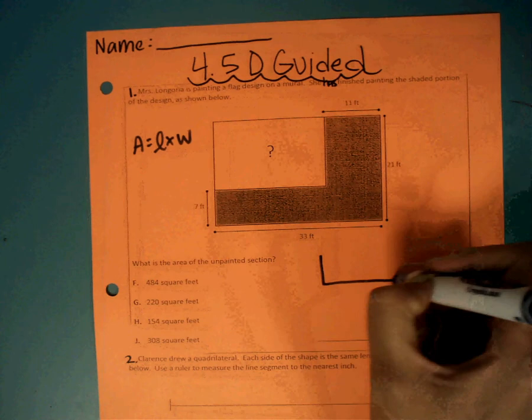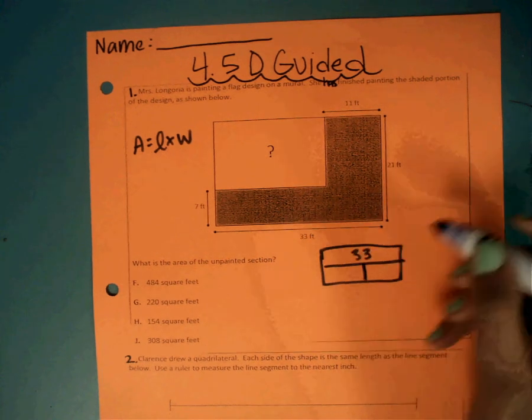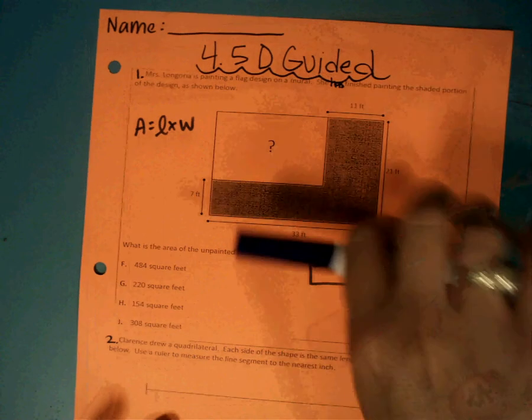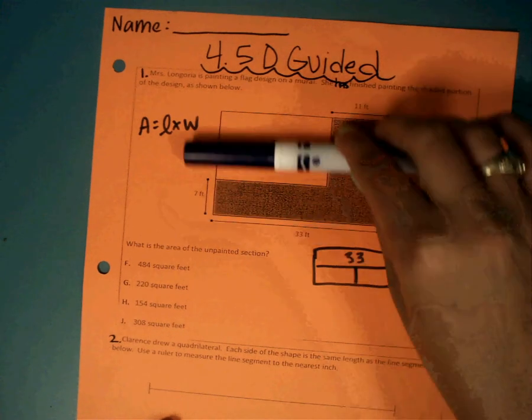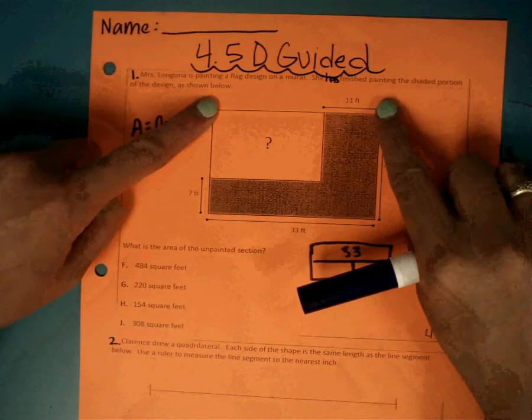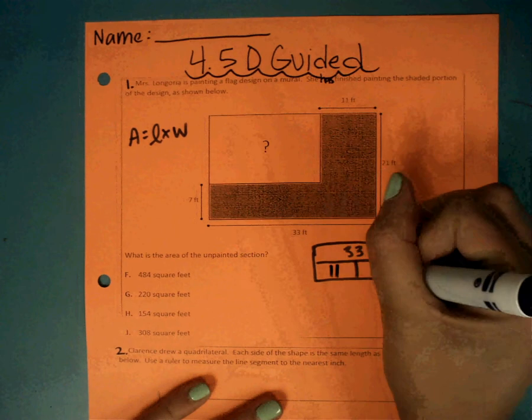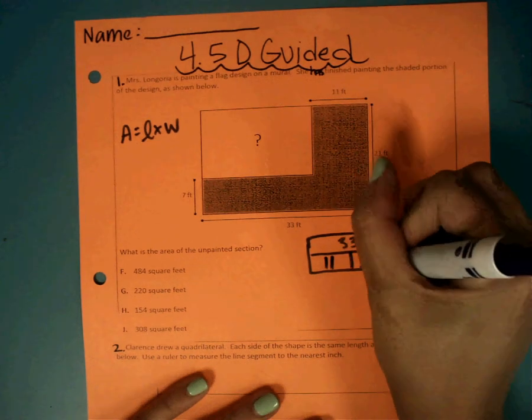So if I were to make a strip diagram for that, I would see that the whole length is 33. This part, so look, if this is 33, that means from here to here it's also 33. So if this is 33, and I know that this part is 11, and I want to know this part right here, let's call that the length, how am I going to find that?